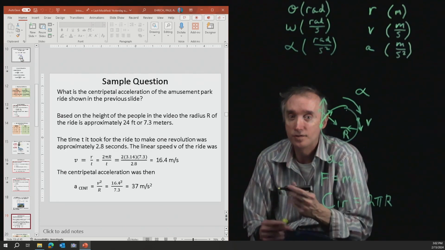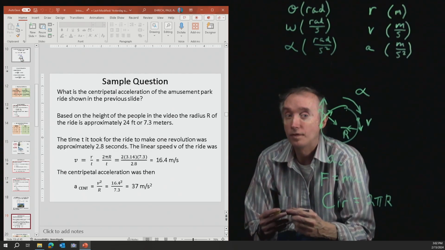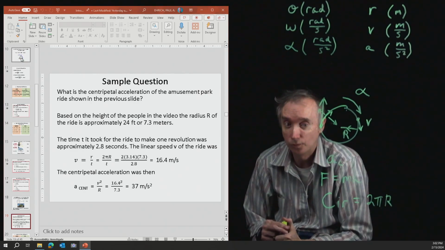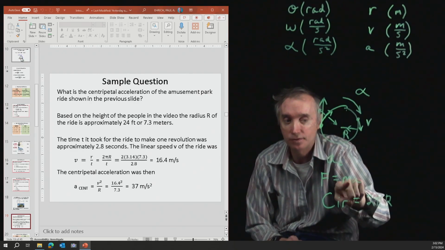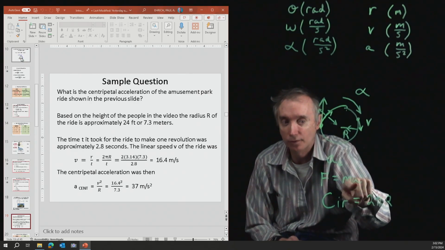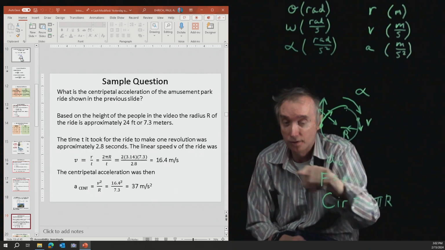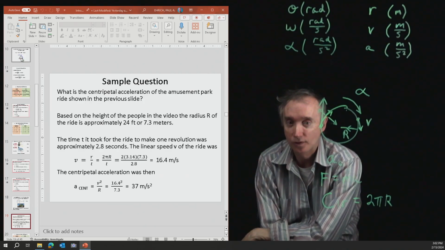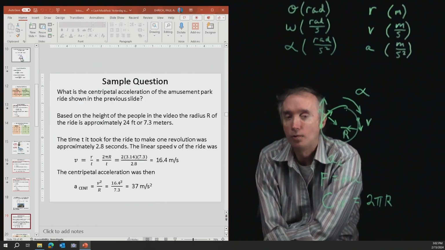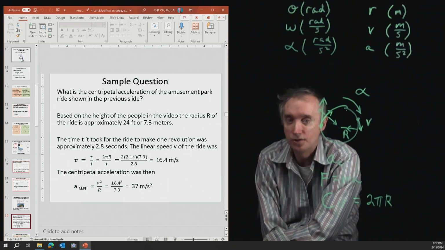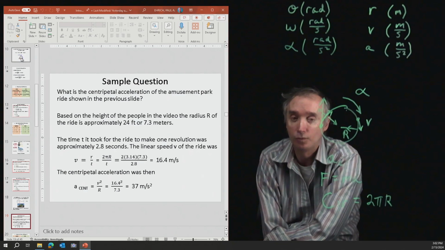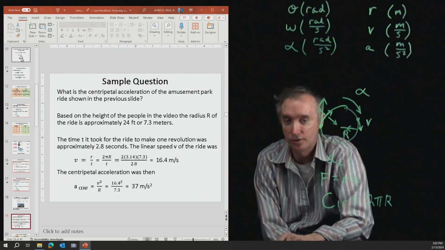If we knew their mass, we could multiply their mass times the centripetal acceleration, and that would be the centripetal force acting on them. For this, don't worry about the mathematics, just know the concept of what centripetal acceleration is.